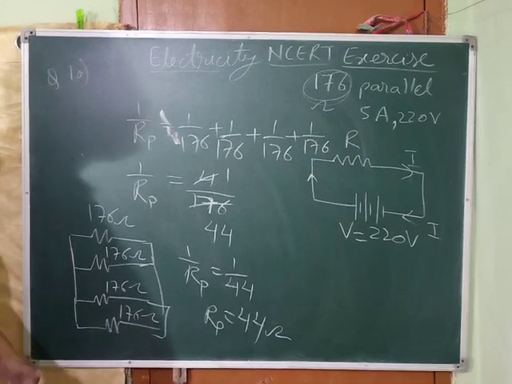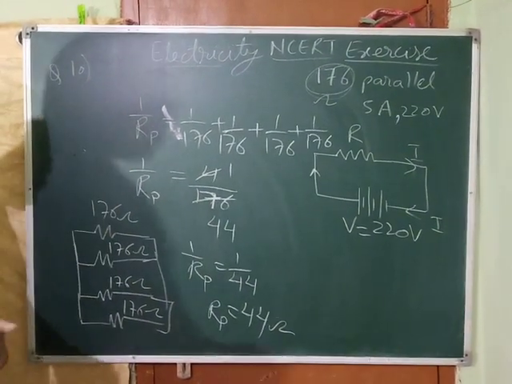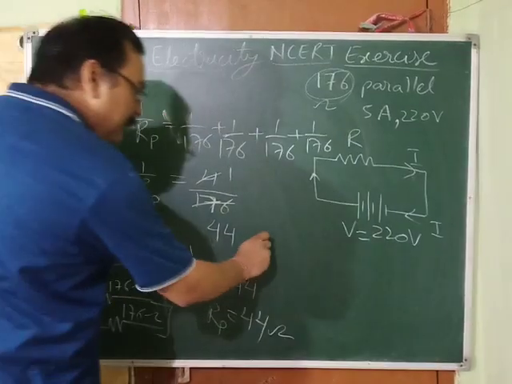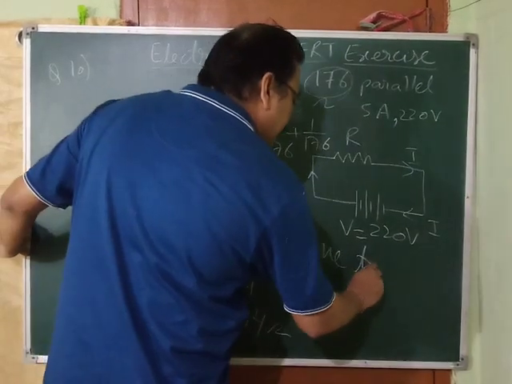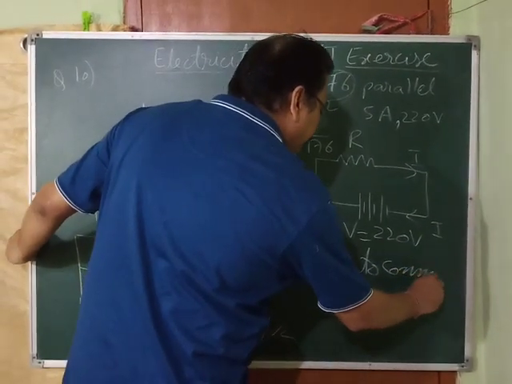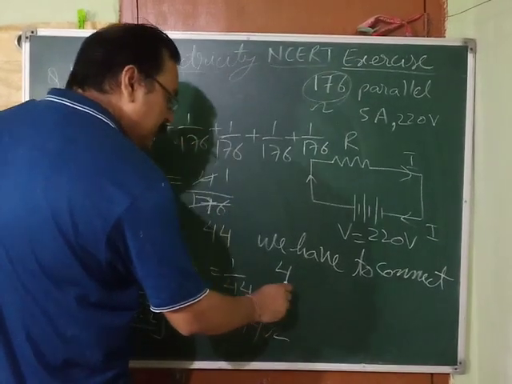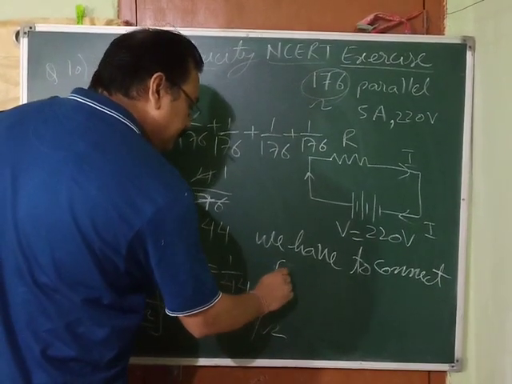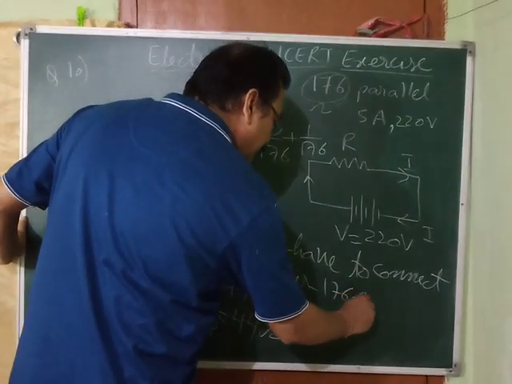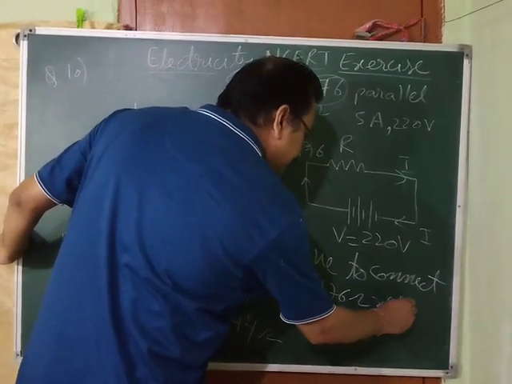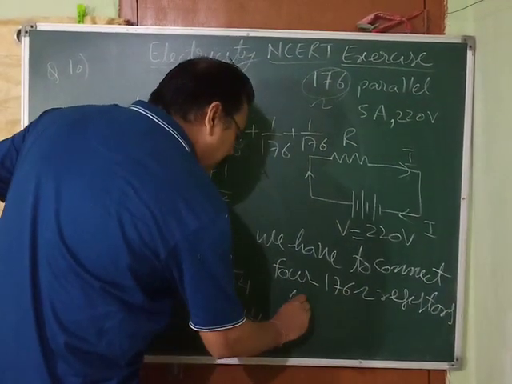So the answer is that we have to connect 4 resistors of 176 ohm in parallel.